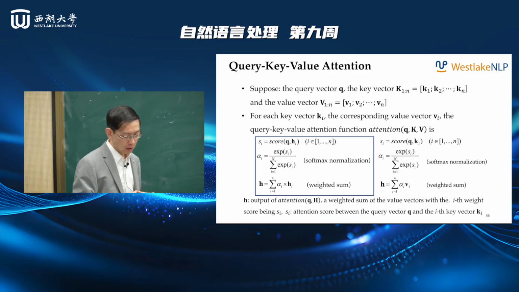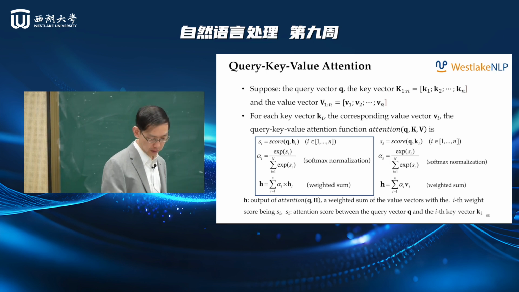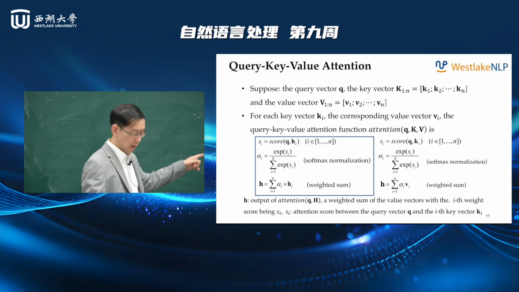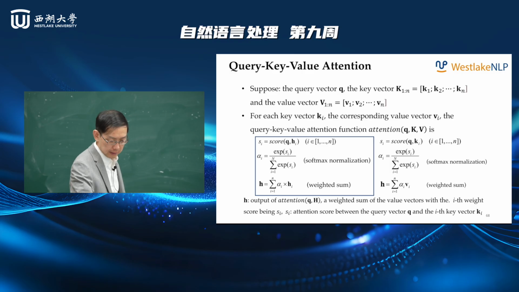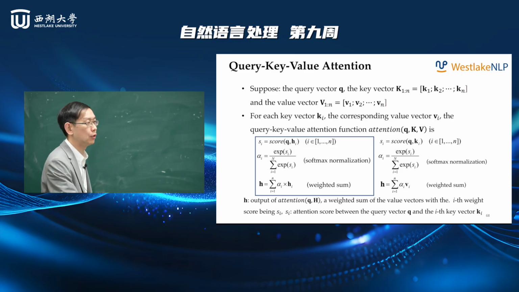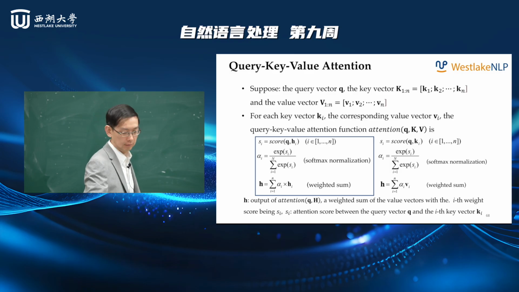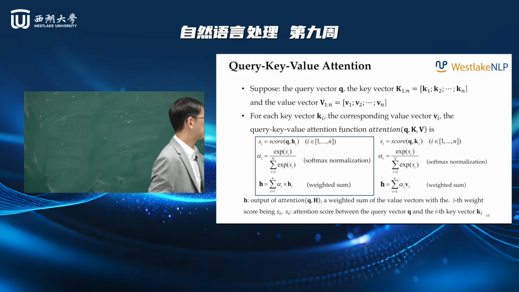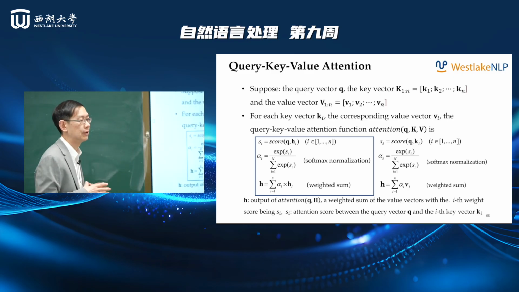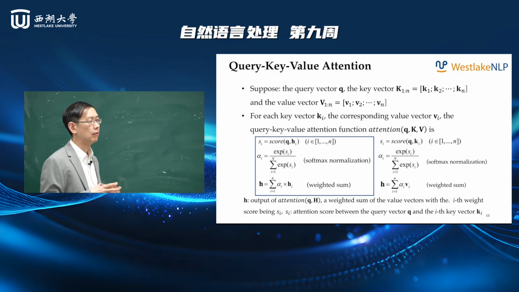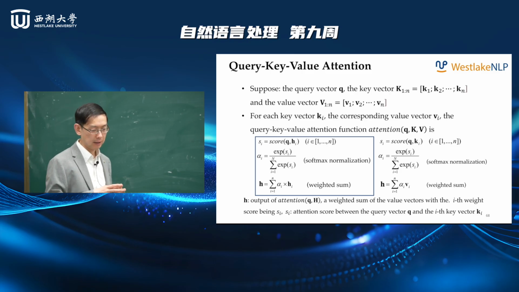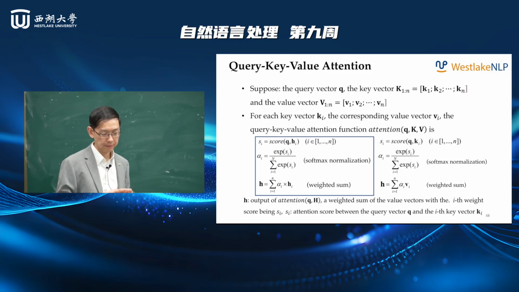On the equations, as I show you not in this box, the score is calculated between Q and K. And the result is an aggregation of V. Whatever is in this box is the original attention function.